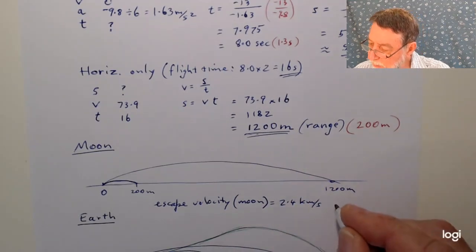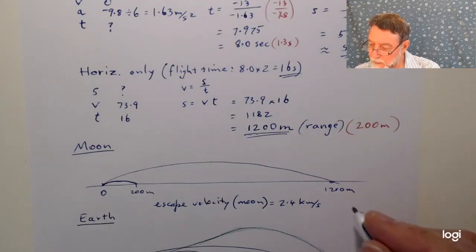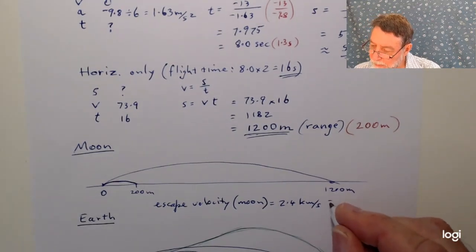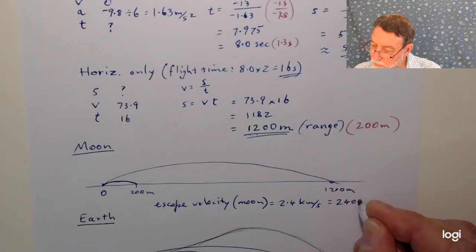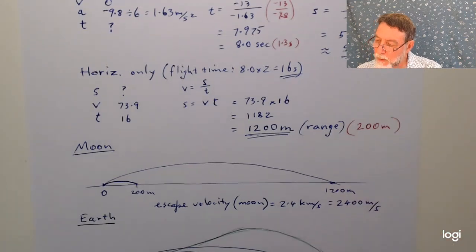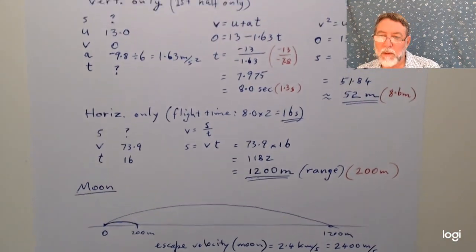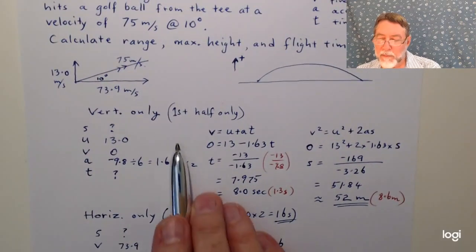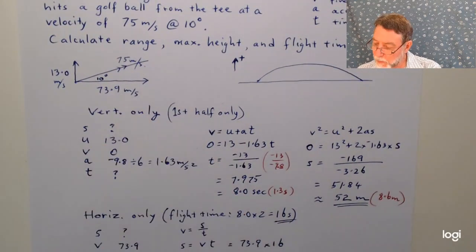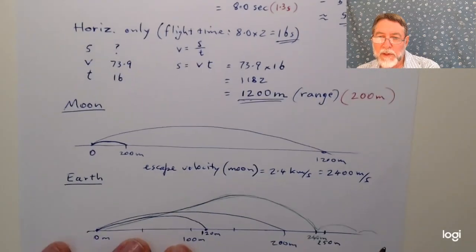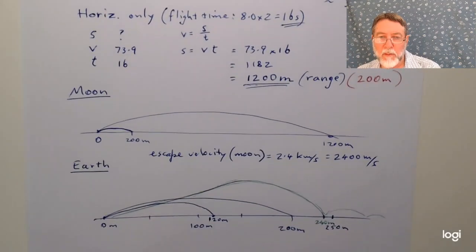You would have to hit it that fast to make it leave the moon and not come back. 2,400 meters per second, which is a lot more than the 75 that we began with. So you're a long way short of sending that ball into outer space.